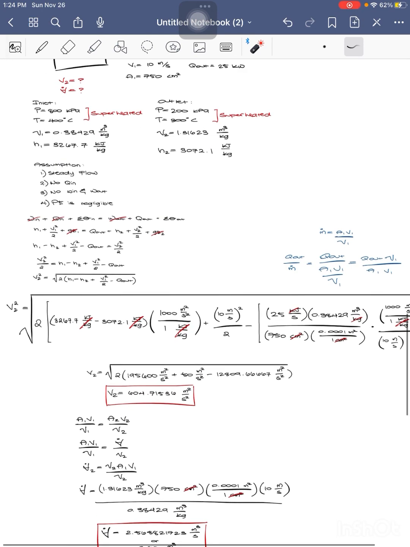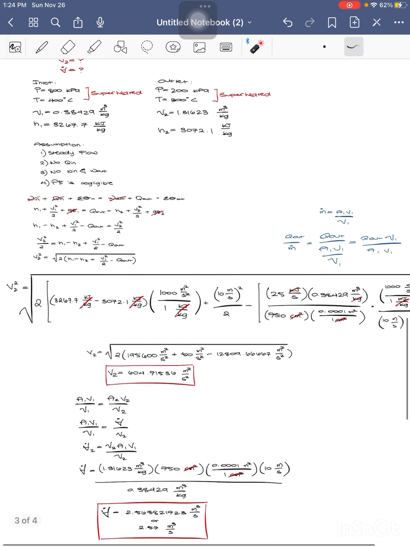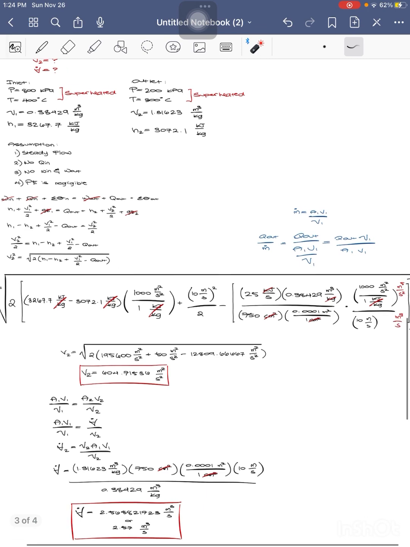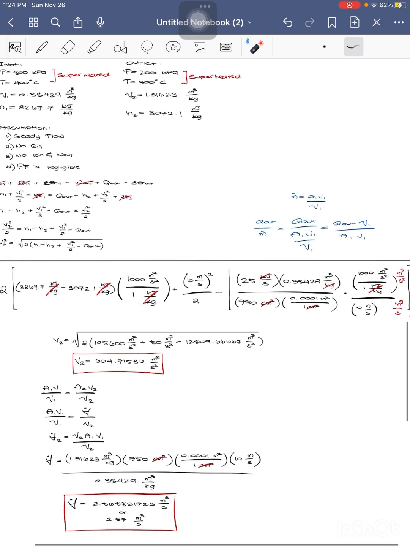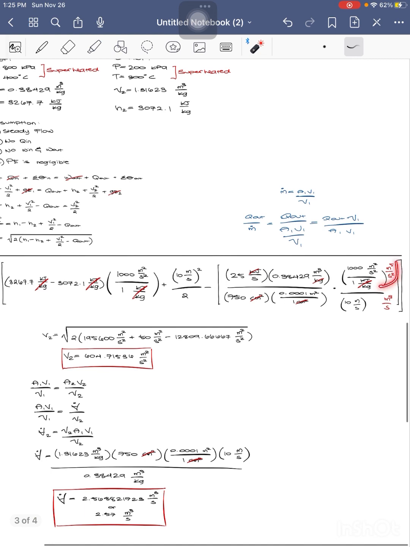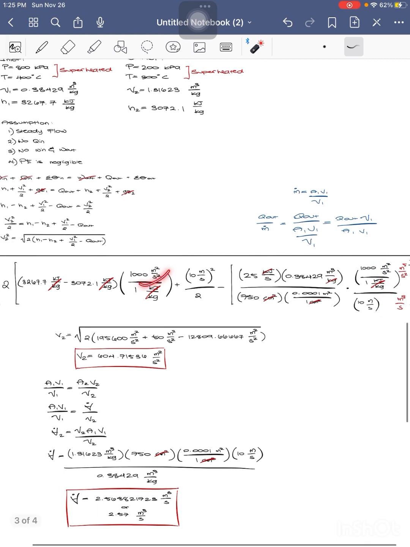When I put the values in the calculator, the answer is 604.71536 meters squared per second. The unit that stayed was meters per second over seconds squared, which is from this one and this one.